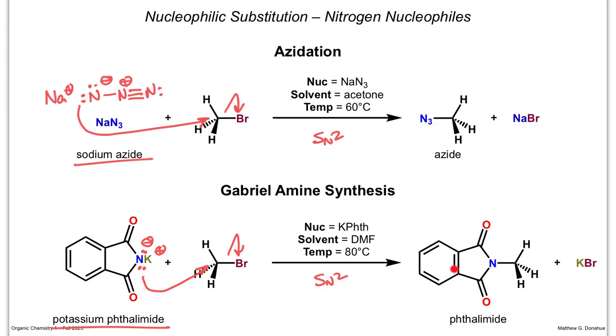The atom economy issue of azide versus phthalimide: really all this extra stuff is there just to bring the nitrogen into the molecule, and then this is eventually removed.